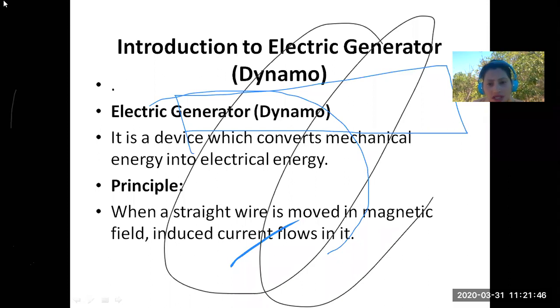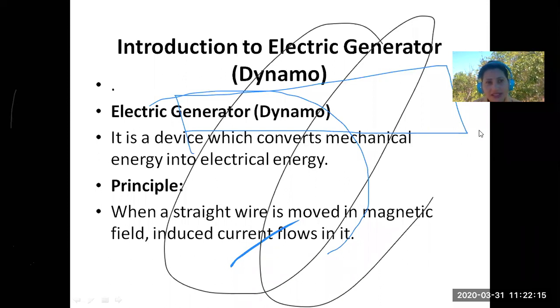In a hydroelectric plant, first it will turn the turbine and then it will generate electricity, and then it is supplied. Yes, all of them are generators only.